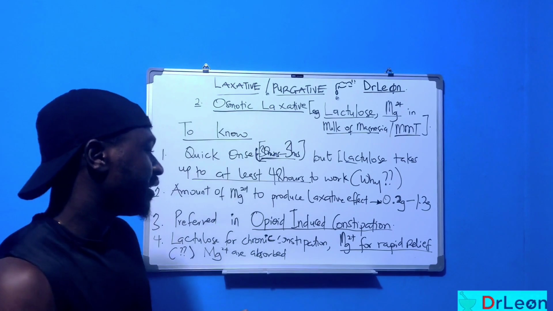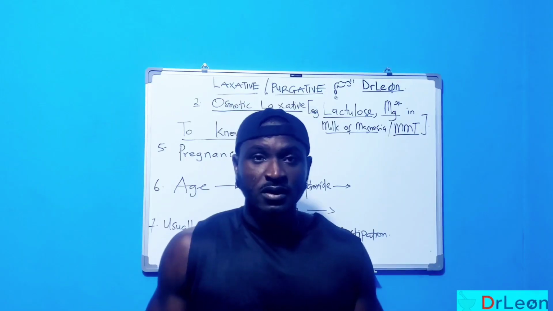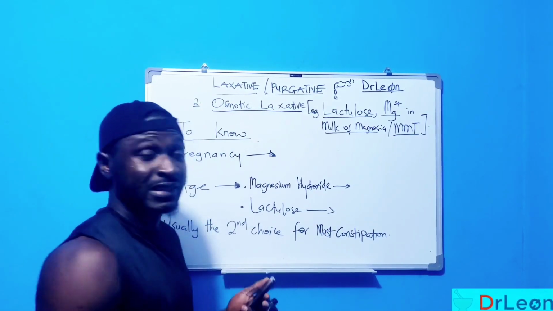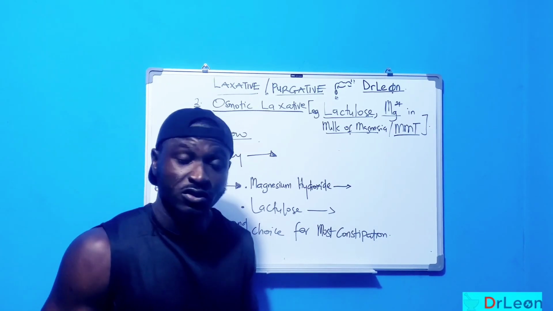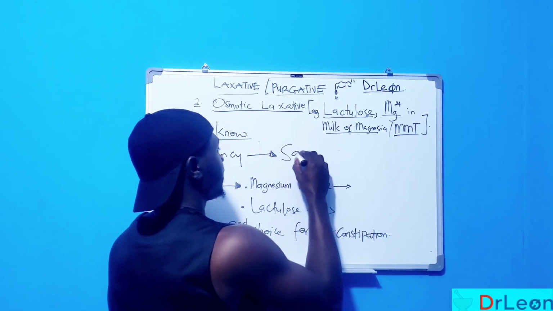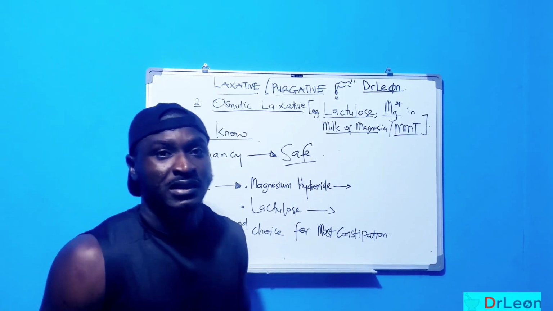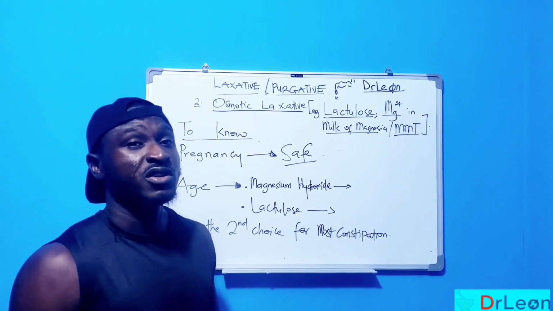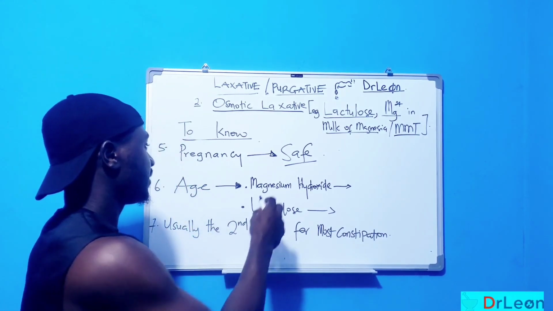That's why they are not usually used chronically, unlike lactulose. Also, pregnancy: lactulose and magnesium are actually safe in pregnancy. So aside from bulk-forming laxatives, we can also make use of lactulose or magnesium-containing laxatives in pregnancy.